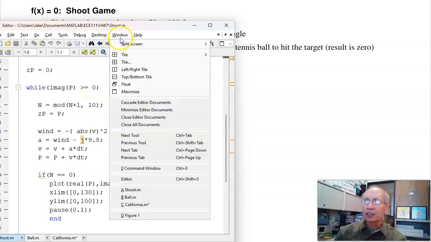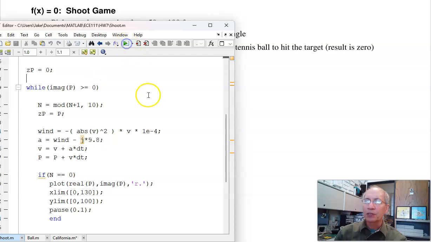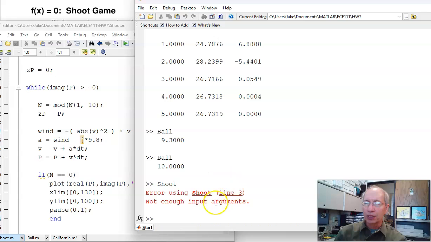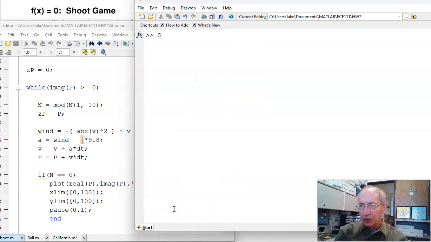So if I try that, again, I cannot run this program. This is a subroutine. If I try running it, I'll get an error message. Somewhere, error message, can't do that. But what I can do is I can call it. Let's just say the target is some spot, 95.66.